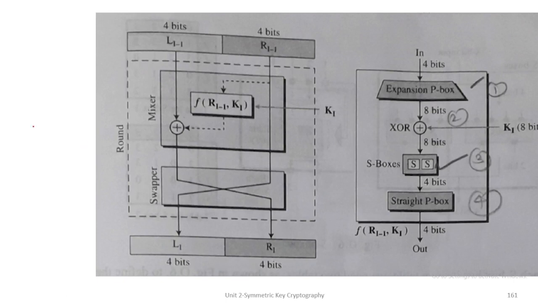So for round 1, I am writing the round 1 operation. The input is L0 R0 and the expected output is L1 R1.